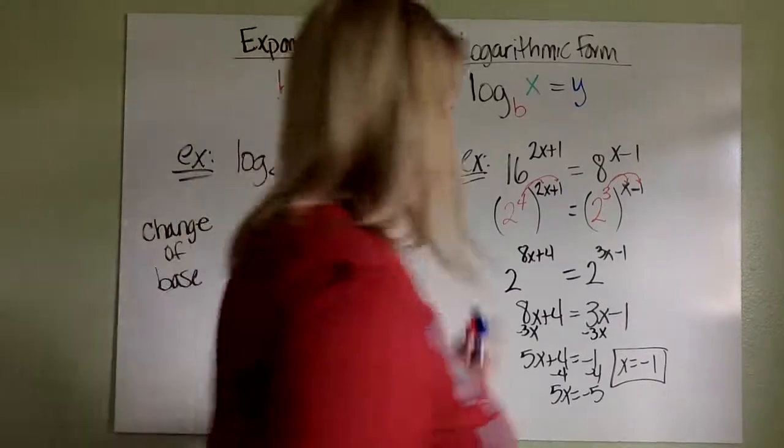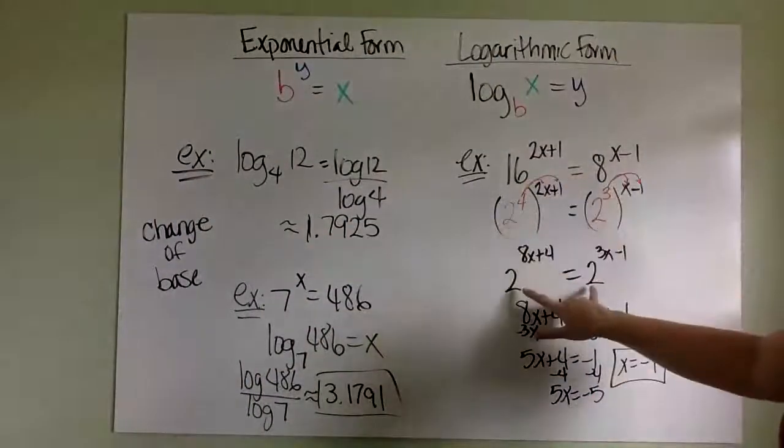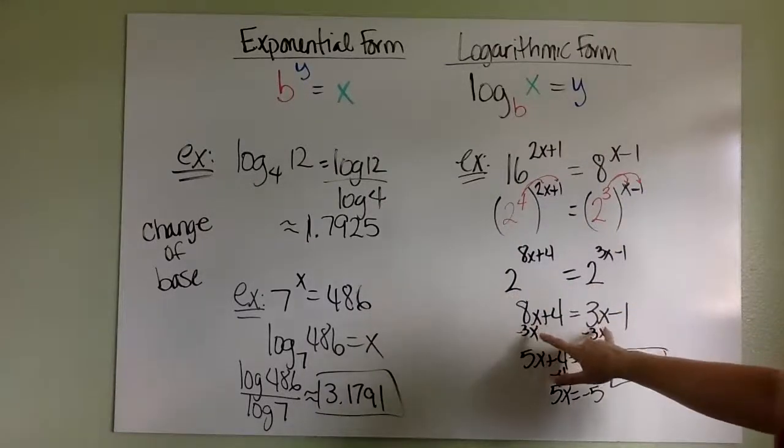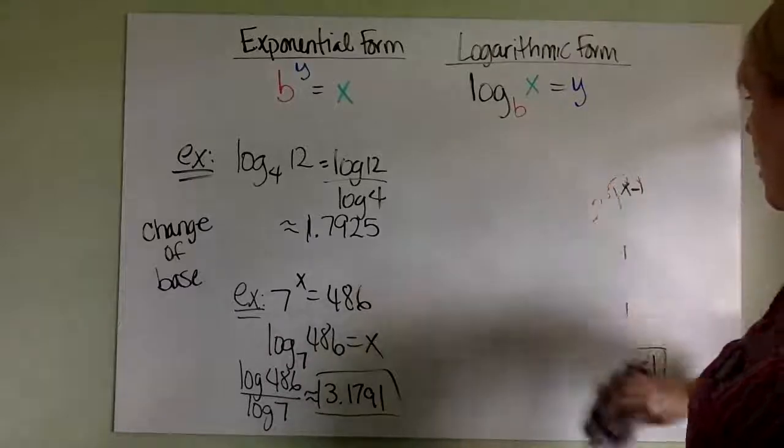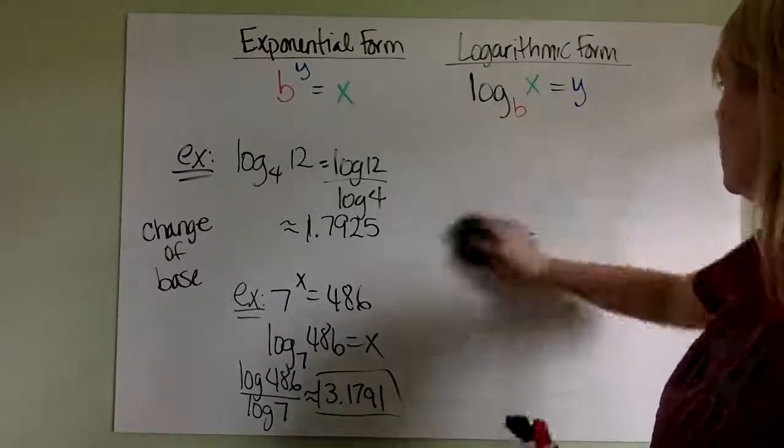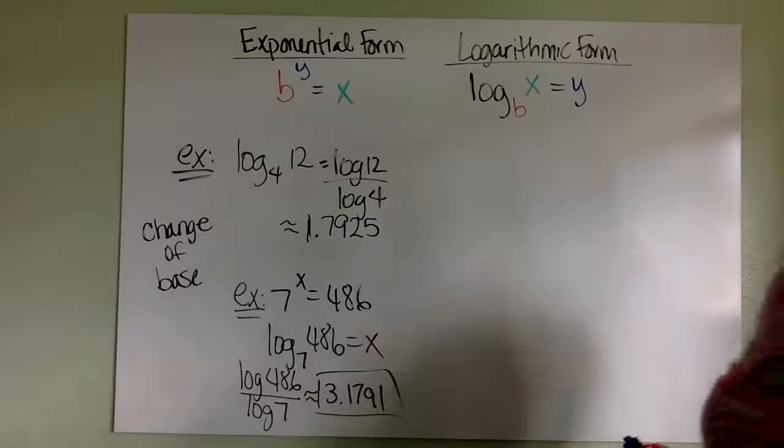So the same thing we did here, where we changed to like bases and then dropped the bases so that the exponents were equal, we can do the same thing with a logarithmic equation, as long as the bases are the same.